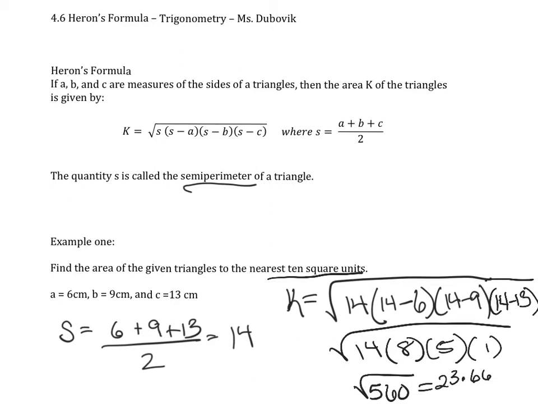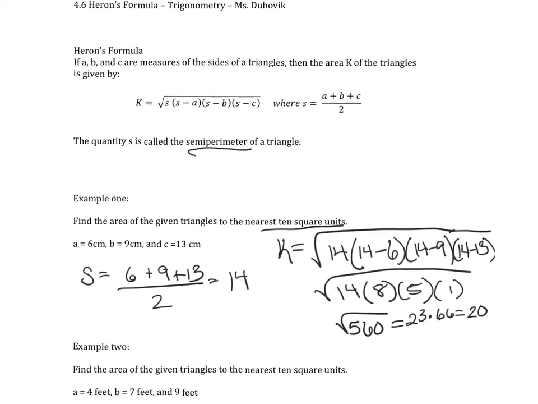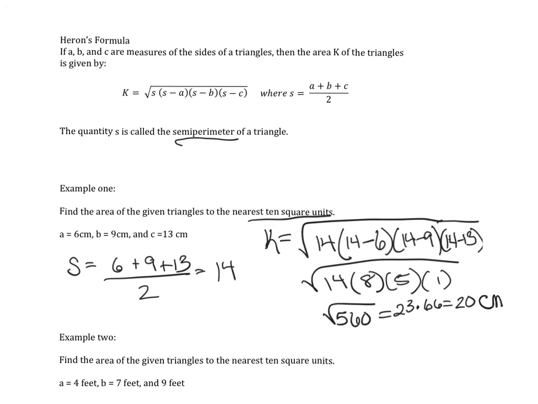So technically they want us to round down to 20, and that's going to be square units, or centimeters squared in this case. So if you want to pause this video and try example number 2, you can do that. Otherwise, I'm just going to jump into the next example.